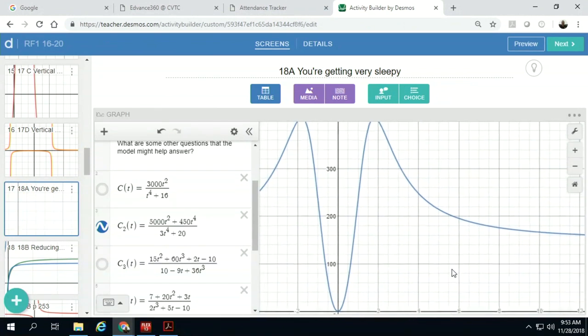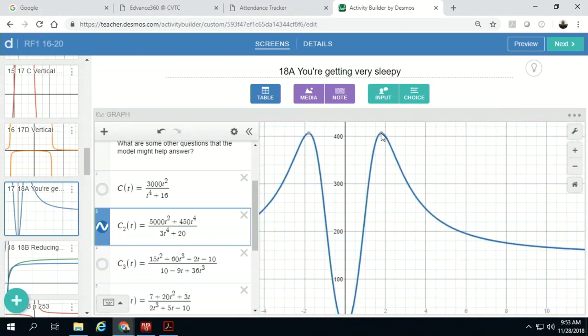Notice it's also symmetric, but it's pretty easy to see that the maximum concentration is reached at 1.8 hours.